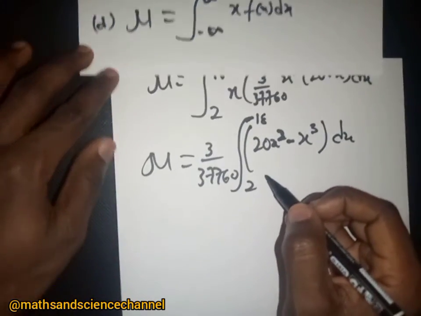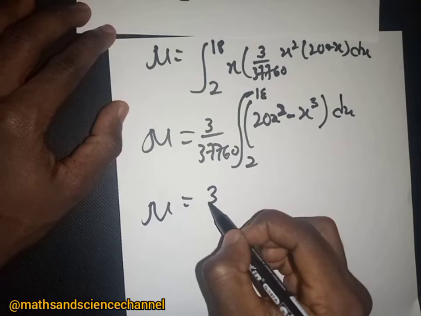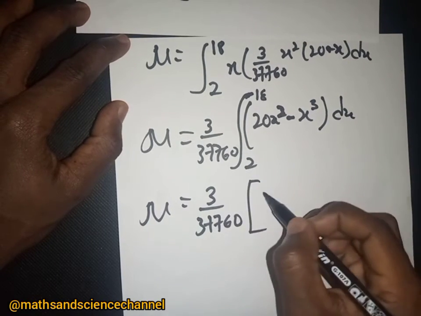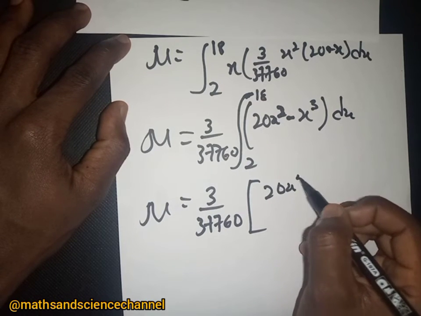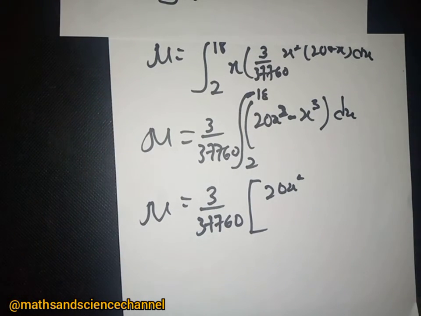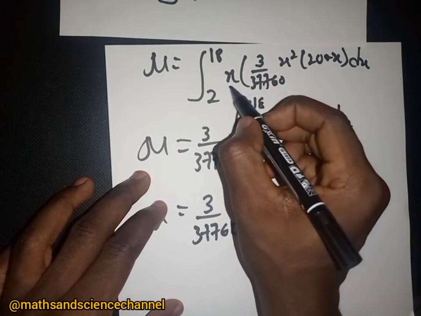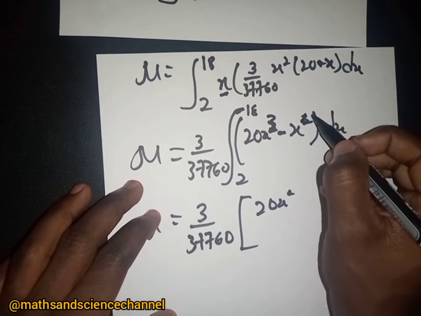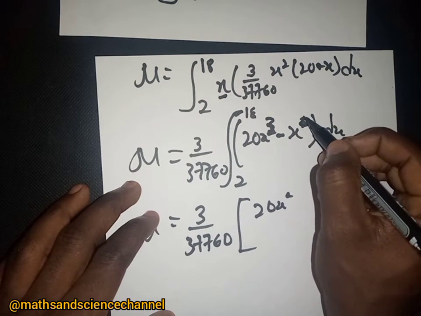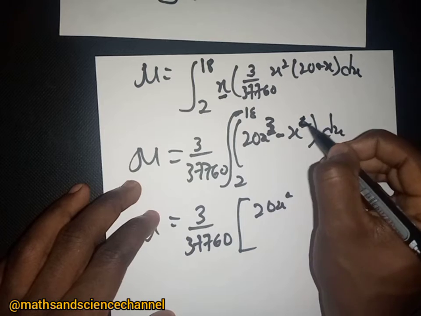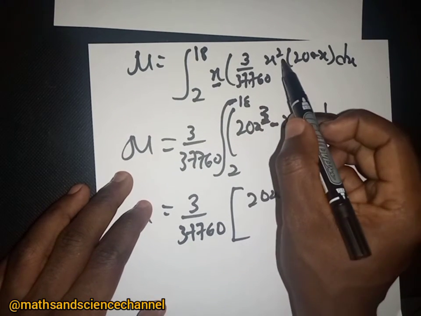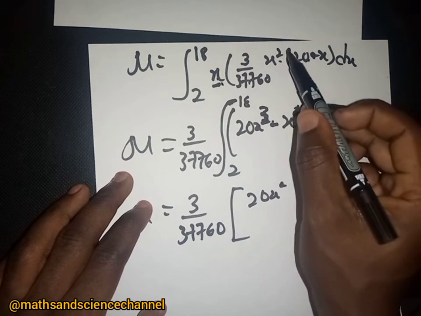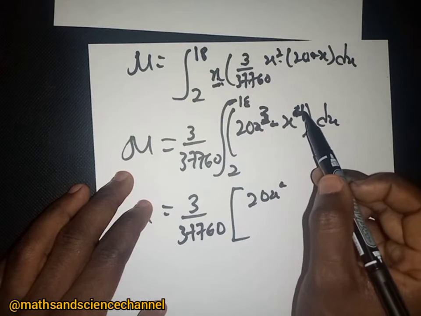So integrating this, we have mu equal to 3 over 37,760 times 20 x to the power. Over here, remember x multiplies through, so we are going to get cubed, then we are going to get x to the power 4, because we are going to get x squared times x, which will be cubed, then we are going to get x cubed times x, which will be 4.